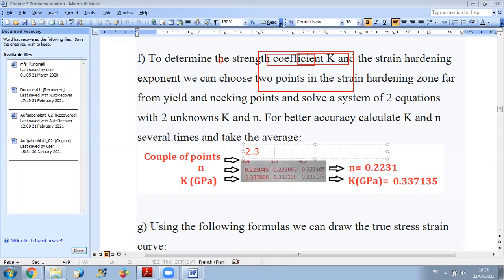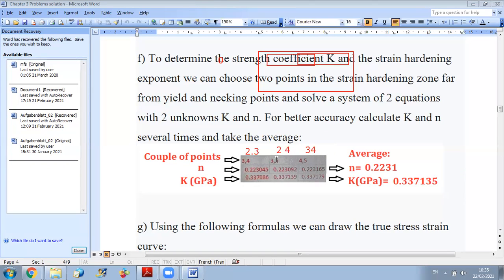And by 3 and 5, they mean 2 and 4, and by 4 and 5, they mean 3 and 4. Okay, so we will take several combinations of points and calculate the value of n and k for each combination, and you will see that we'll obtain very close results.